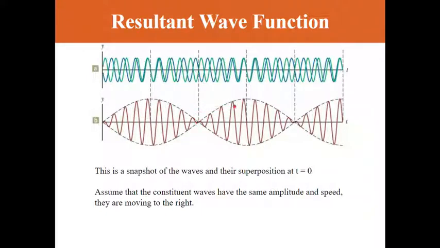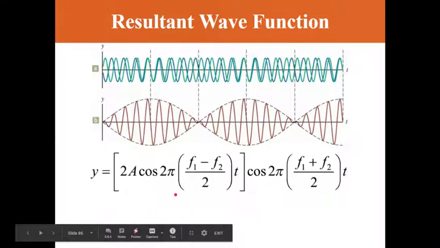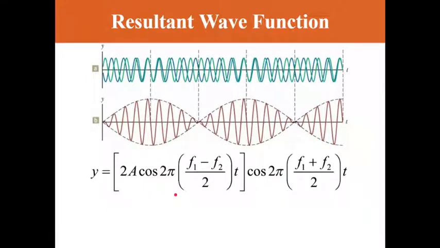You can imagine that if you were to graph this as time passes, you'd see all these packets traveling to the right, like these waves are. Everything else about the waves is the same, so they have the same amplitude and speed, and they're moving to the right.